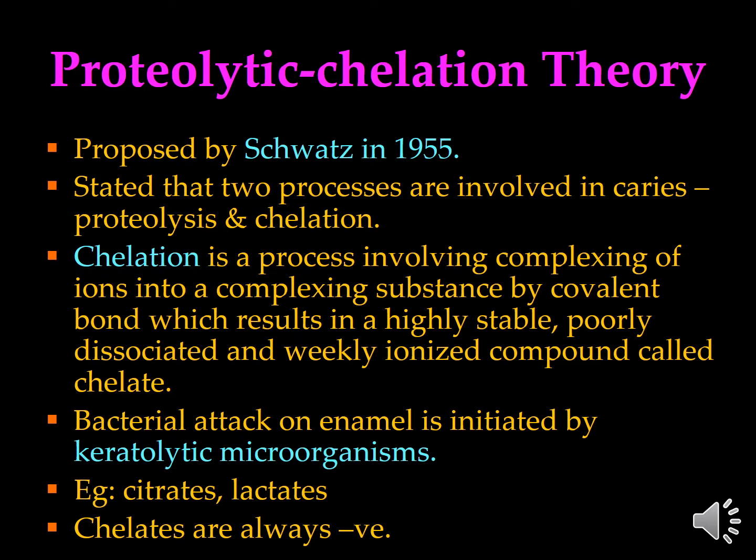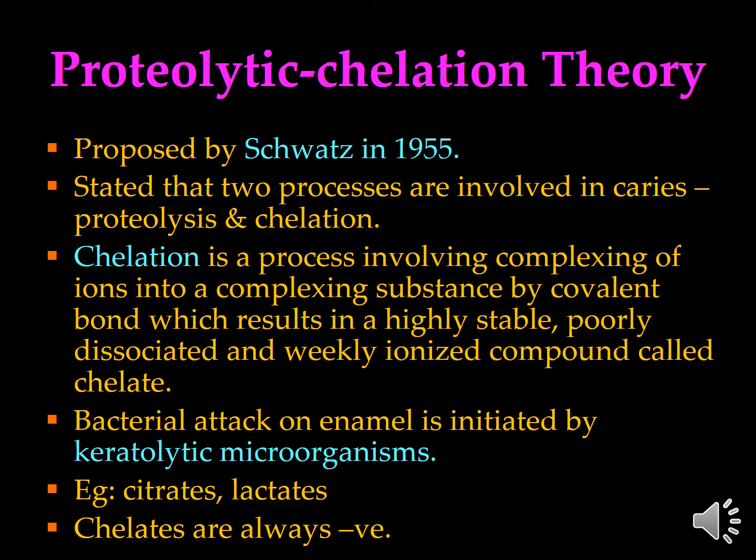Next came the proteolytic chelation theory. According to this, a combination of proteolysis and chelation takes place. What do we mean by chelation? Chelation is a process which involves complexing ions into a substance by covalent bonds, which results in a highly stable, poorly dissociated and weakly ionized component called the chelate.